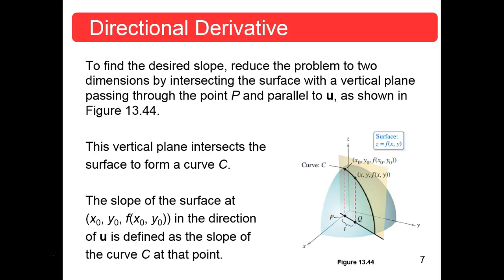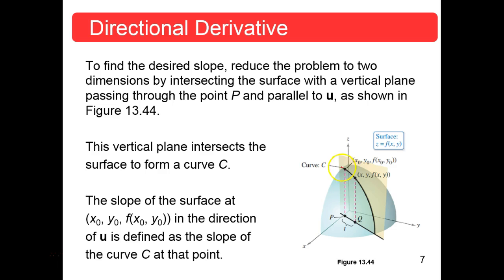Now, the slope of the surface at x0, y0, those are the components for P, and then f of x0, y0, the point up on the surface corresponding to that P down in the domain, that slope of the surface there is defined as the slope of the curve at that point.